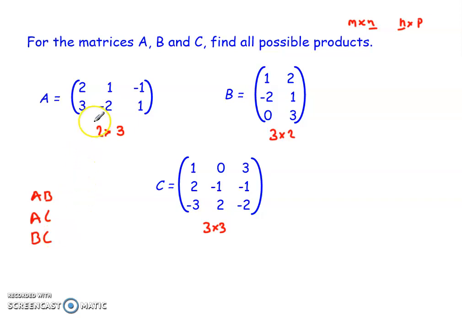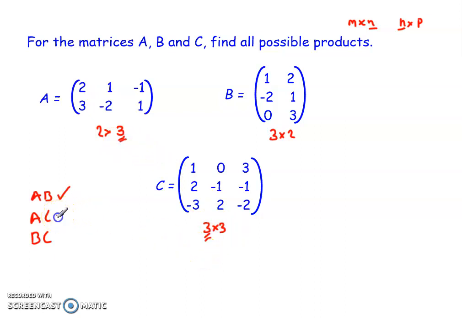Now if I look at them, for A, I've got a 2 times 3, and B, I've got a 3 times 2. So the two of them would work. I could calculate the product of those two matrices. Good. So AB is one that I can do, and I'm going to do it in a second. If I then look at AC, well, A is a 2 by 3, C is a 3 by 3. Remember, the important part is the number of columns here, the number of rows here.